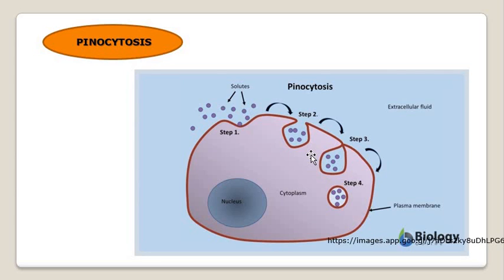Okay, then after that, it's a kind of cellular drinking by the cell, and this mode of intake of nutrient has been demonstrated in the endothelial cells and in the erythroblast. So in the blood cells, blood cellular linings, as well as in the WBCs, one of the blood cell types.